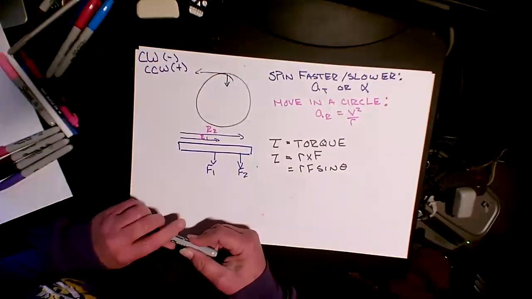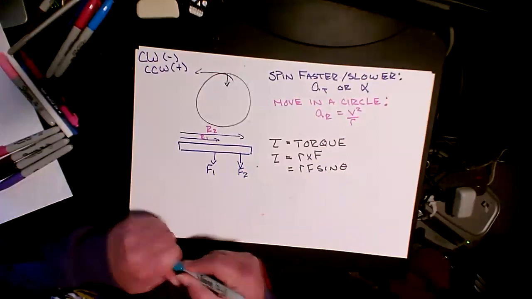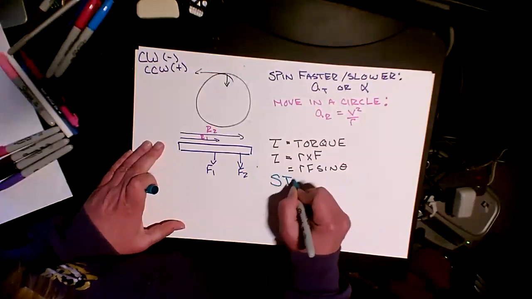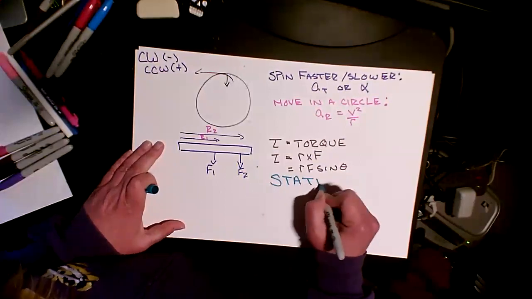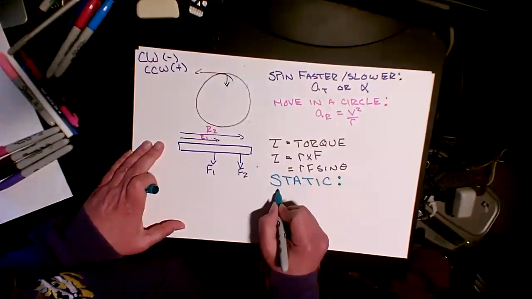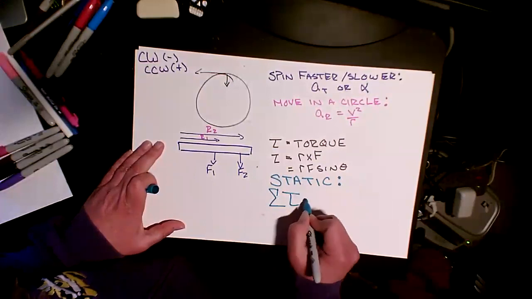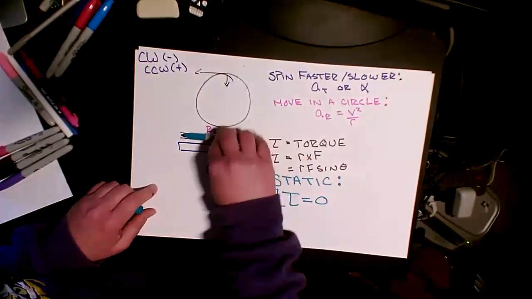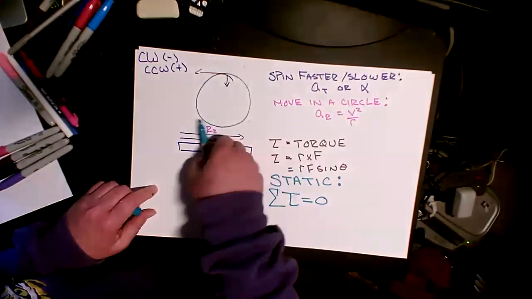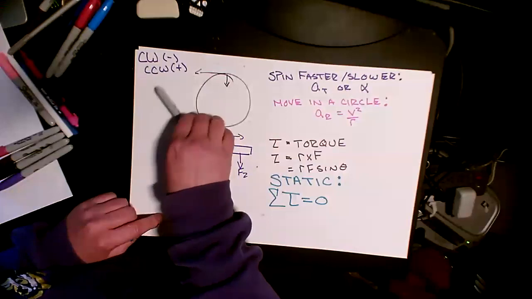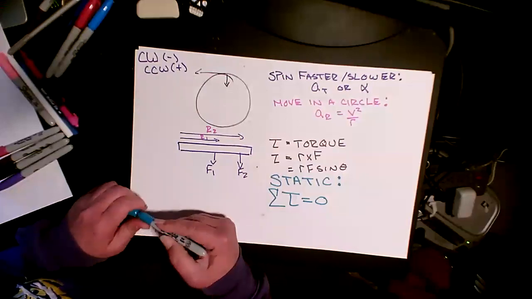So with that, then, what we can say is if something is static, just like my forces, the sum of my torques would be 0. And we're going to define clockwise, so rotating that away, as being negative, and rotating counterclockwise, going up like that, as being positive. But I'm going to tell you this.